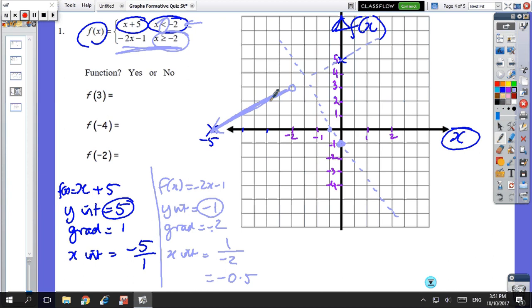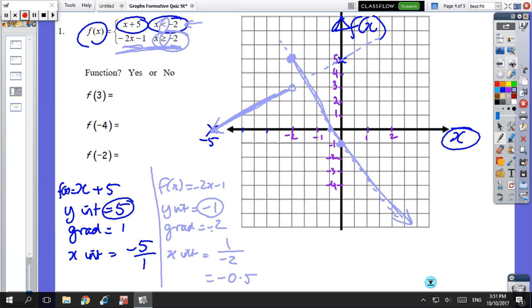Okay, and then at x equals minus 2, this line takes over, which is there, and then we just use your ruler, get something like that. And we colour it in because there's an equal sign. Okay, so it's a bit dodgy, but that's what it looks like.